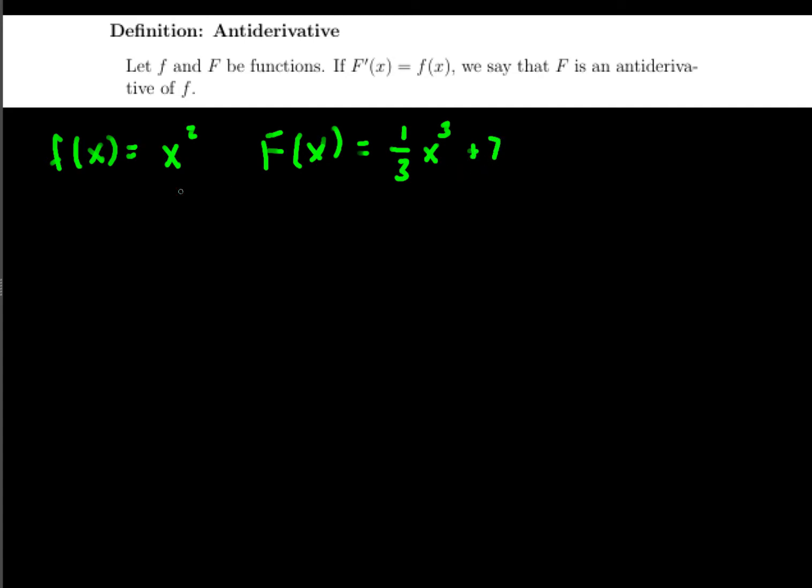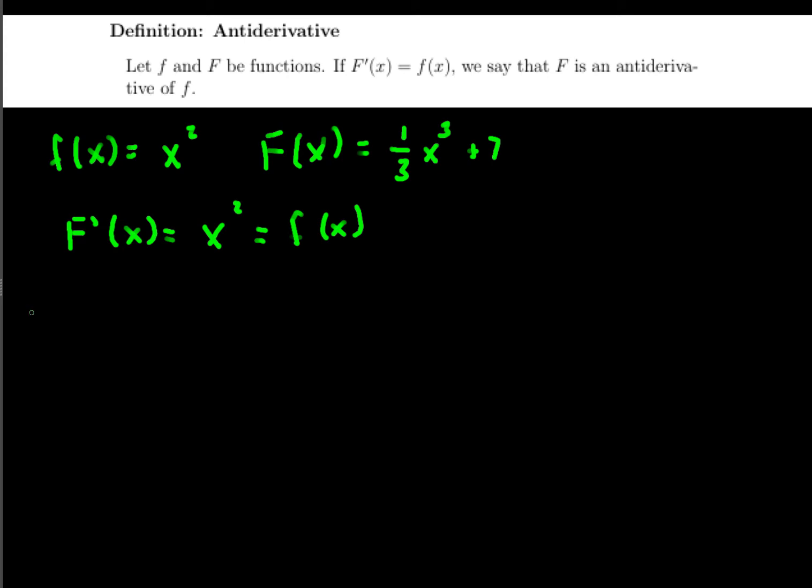Then notice that F prime, the derivative of big F, is equal to, well, this is the power rule, so the 3 comes down, and it's going to cancel with this 3. So it's equal to x squared plus the derivative of 7, which is 0. So this is equal to f of x. And so big F is an antiderivative of little f.